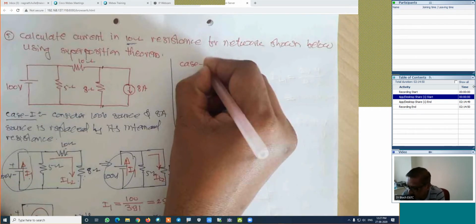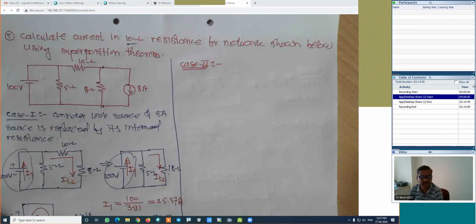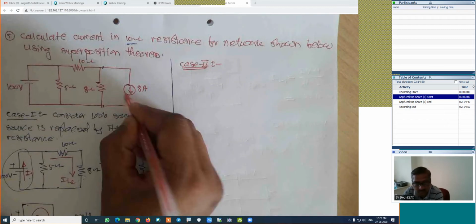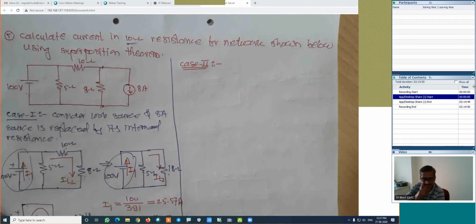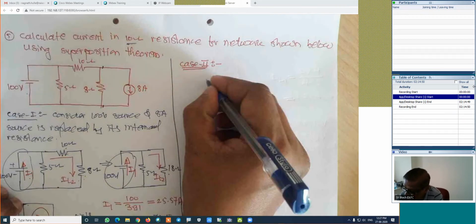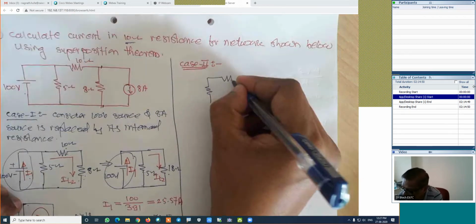Now, we will consider case 2. This is case 2, the second case. How is case 2? Now we will consider this source and we will remove this source. Is it right? In that case, its figure will be something like this. Is it right? The figure will be something like this.